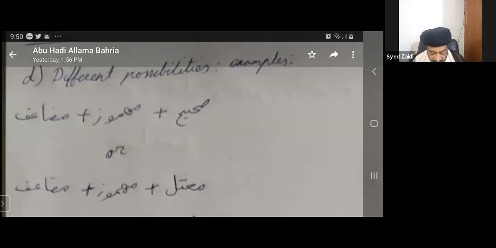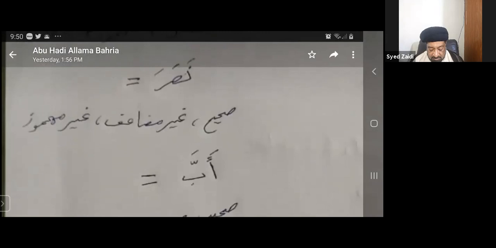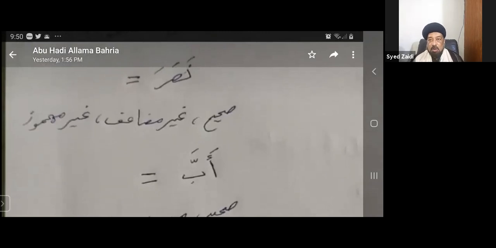Now, for example, in the word nasara, you find this word nasara is sahih. Why is it sahih? Because noon is not any of those huruf illa, alif, waw, and ya. You do not find any of those three letters over here.